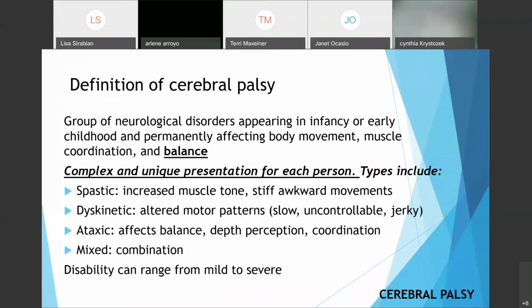The dyskinetic type, altered motor patterns, so slow, uncontrollable, or jerky movements. Ataxic mostly affects balance, depth perception, and coordination. And then there's, of course, a mixed version where there's a combination of one or more of the above. Disability for this can range from very mild, where it's almost unrecognizable, to very severe.